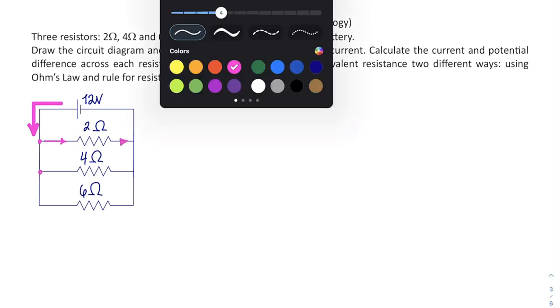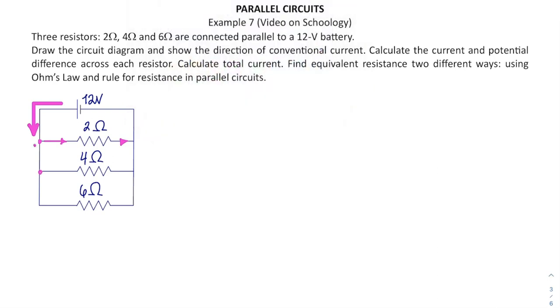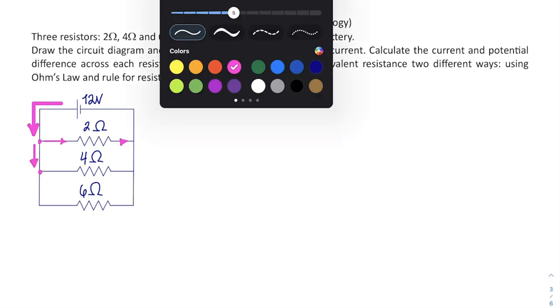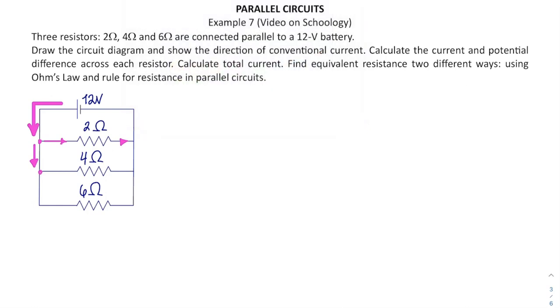Then a little bit thinner line keeps going through this one. And then at the next junction, it's going to also split, and whatever is left over is going this way, and then through that resistor.